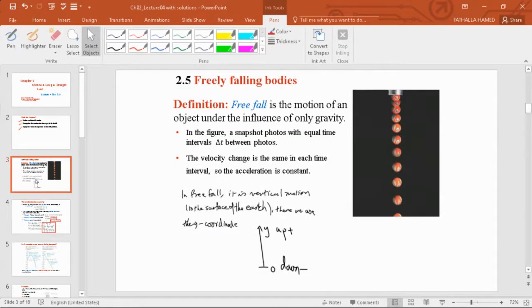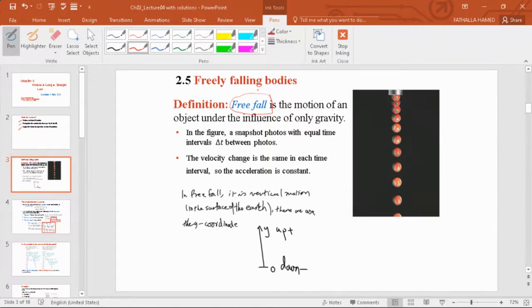So we're going to look at freely falling bodies, and free fall here means something that you do not see any forces basically acting on it. If you want to move anything, you have to push or pull on it.